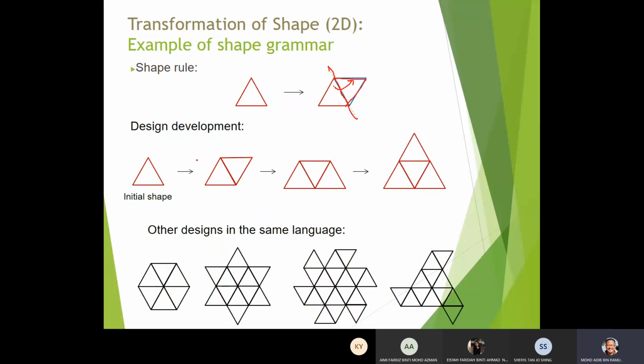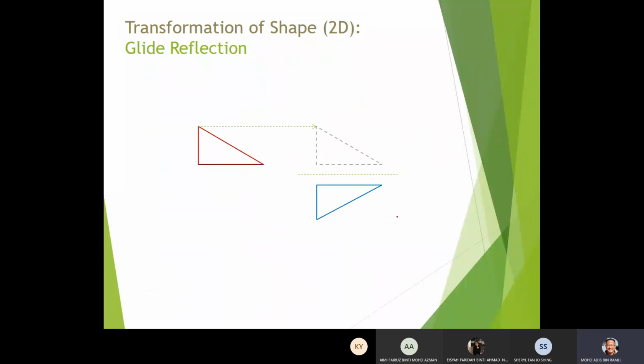So first you start with this, and then you apply to that side, and then you apply the rules to the new shape here, and then you apply again to this side. So these are the possible designs, possible shapes, possible forms that you can derive using the rules. Applied reflection. Right?